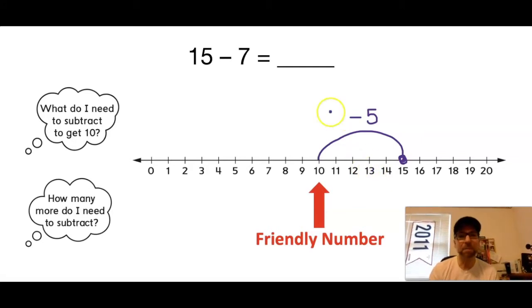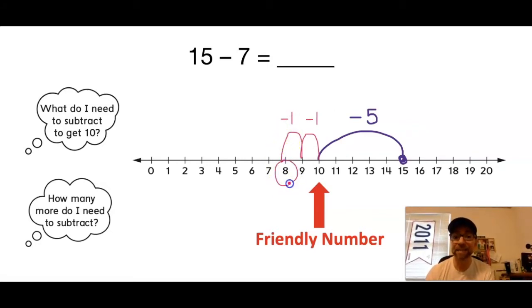But my problem isn't 15 minus 5. My problem's 15 minus 7. So I still have to make some more hops. And how many more hops do I need? Well, I have to make my 6th hop and my 7th hop. So I used my counting back through 10 strategy to solve this problem.